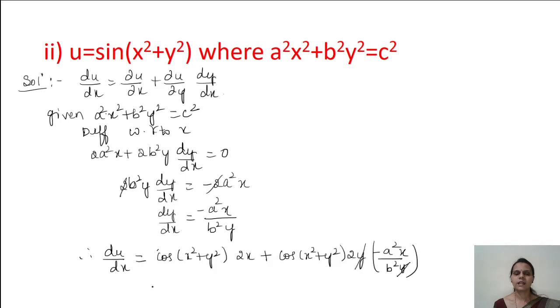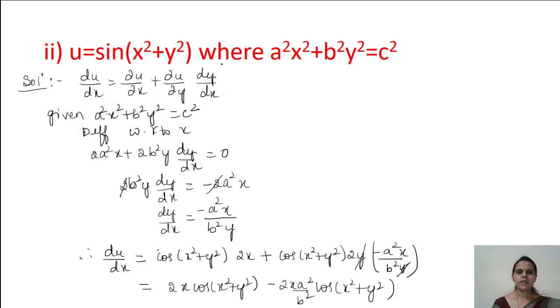Here y gets cancelled. So this is equal to 2x into cos of x square plus y square minus 2x a square by b square into cos of x square plus y square.